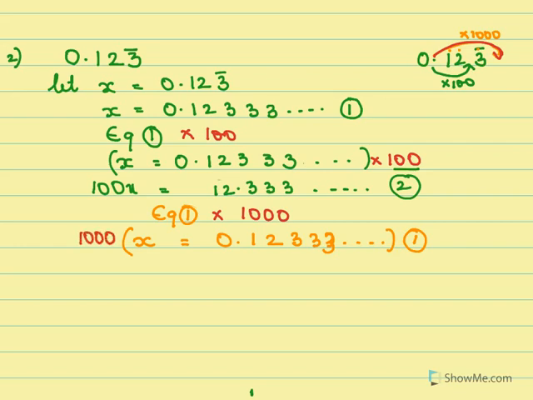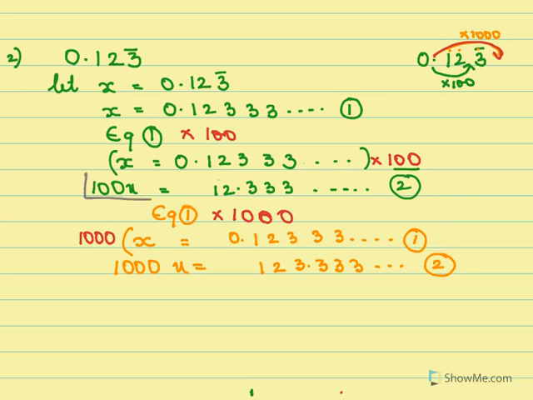When I multiply by 1000, I will get 1000x equals, and the decimal is going to shift 3 places, so it will become 123.333. This is equation 3.